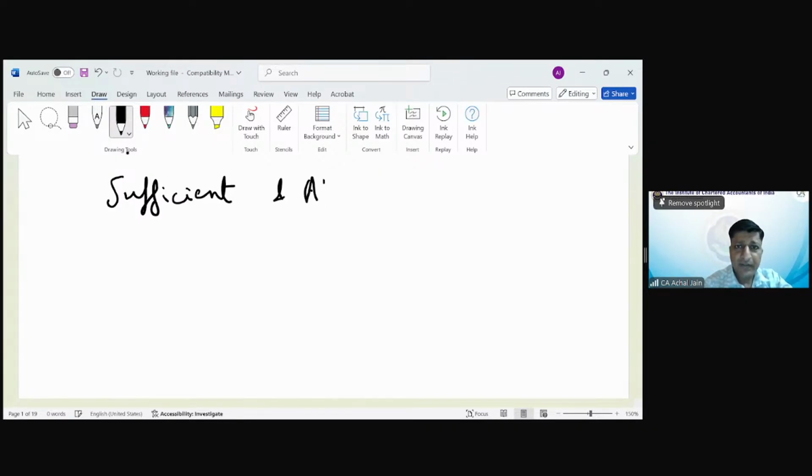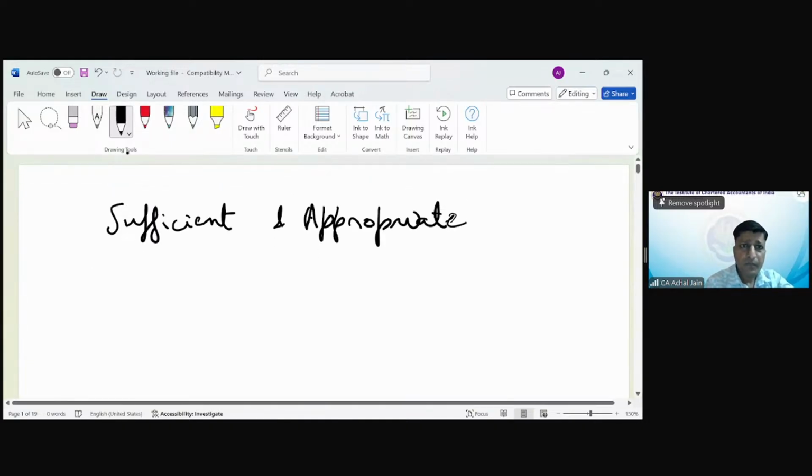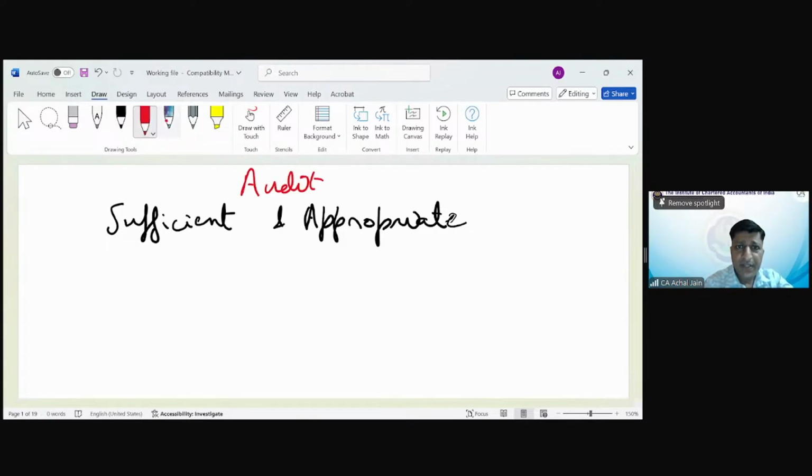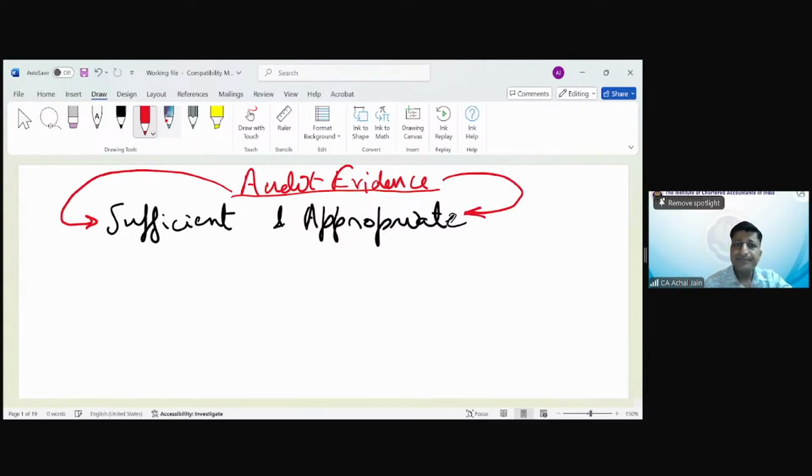Sufficient and appropriate. So we can say as far as the audit evidence is concerned, it should be both sufficient and appropriate.